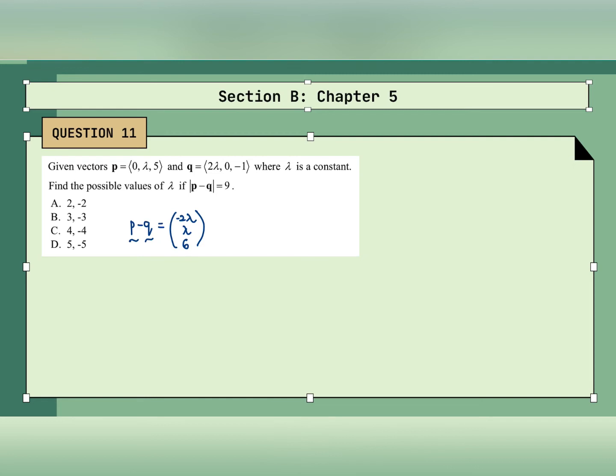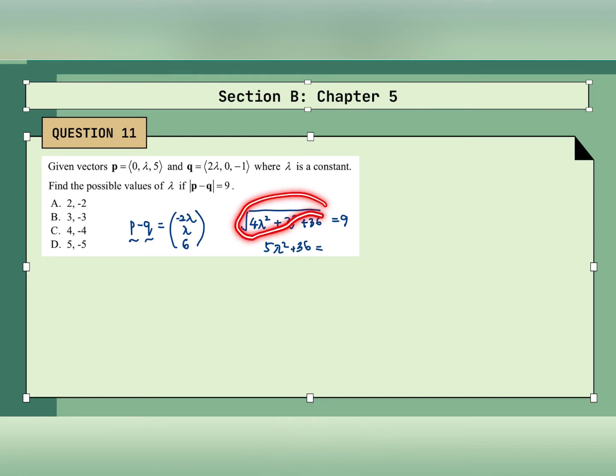So magnitude dia adalah negatif 2 lambda akan jadi 4 lah. 4 lambda squared plus lambda squared plus 36. Square rootkan dia akan sama dengan 9. Okay, so kita ada 5 lambda squared plus 36 equals to, saya squaring both side terus.